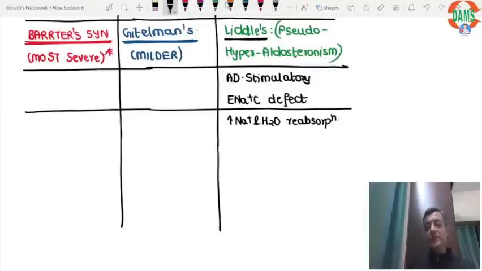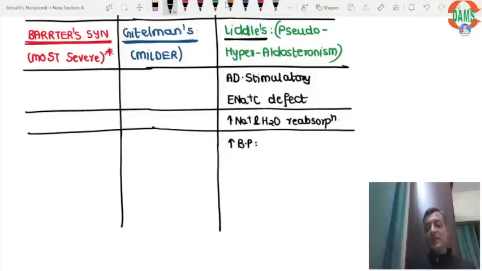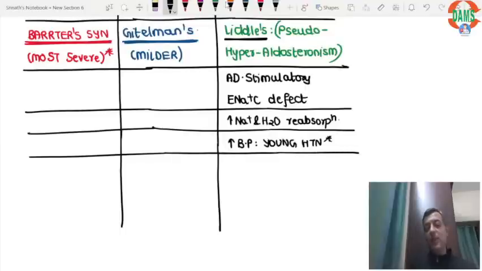This is going to cause elevated blood pressure, presenting as young hypertension. One of the differentials of young hypertension is Liddle's syndrome. But because of that, there is going to be counter-regulatory suppression of renin and aldosterone.